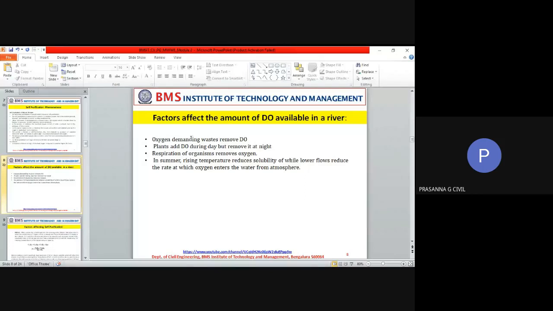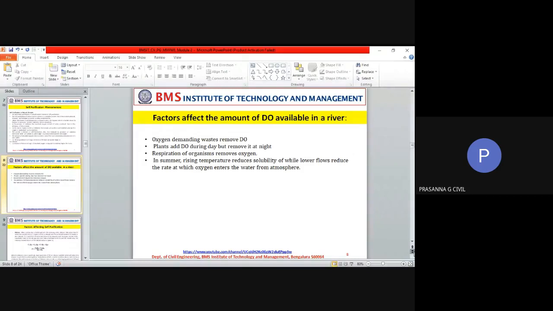So when you add something extra into the water, like an effluent, you are actually raising the temperature. The natural water body, whatever temperature is there, will definitely be lower than whatever comes as wastewater. So when you add wastewater or some contaminant into the water body, you will naturally increase the temperature of the water body.